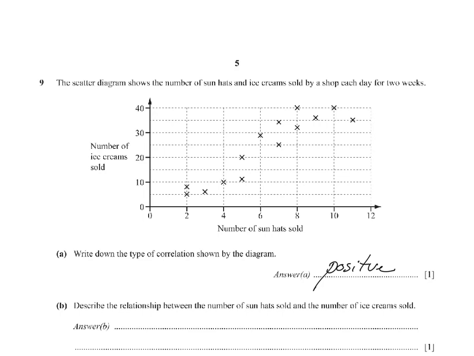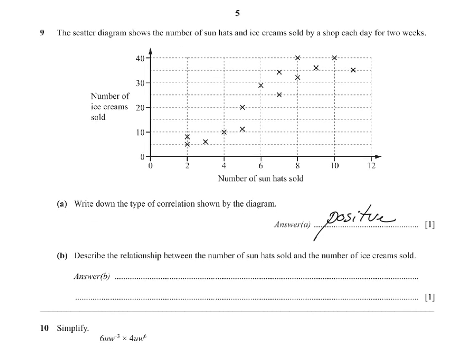Moving on, describe the relationship between the number of hats sold and the number of ice creams sold. Well, if the amount of hats I sell increases, so from 2 to 4 to 6, what happens with the number of ice creams sold? Well, the number of ice creams sold also increases.